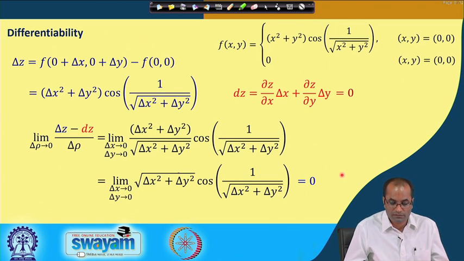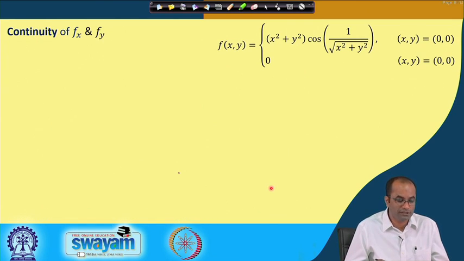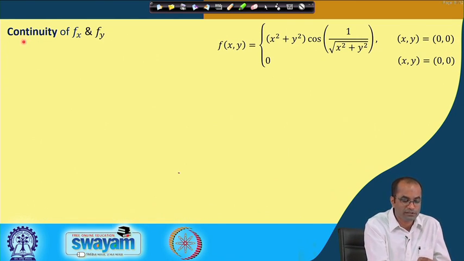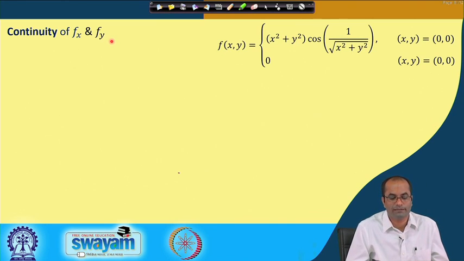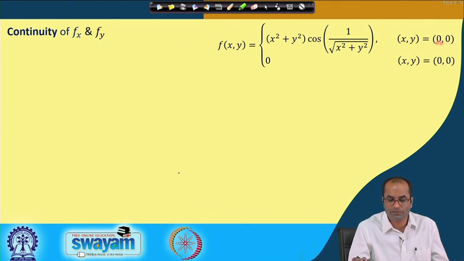Now, what is to be shown is the continuity of the partial derivatives, and we will observe that the partial derivatives are not continuous in this case. To prove the continuity of f_x and f_y, we need to get f_x and f_y at a non-origin point.